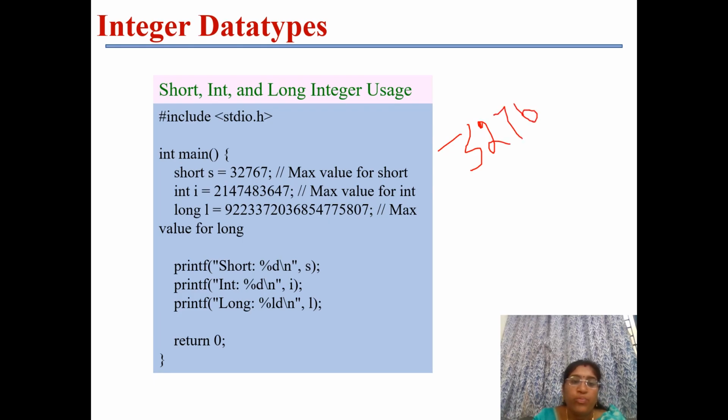The maximum value for short starts from -32768 to positive 32767 only. Then we declare an int i, whose maximum value is 2147483647. Then the long int maximum value is shown. The format specifier used is %d for integer and short integer, and %ld for long int. We specify the format specifier.